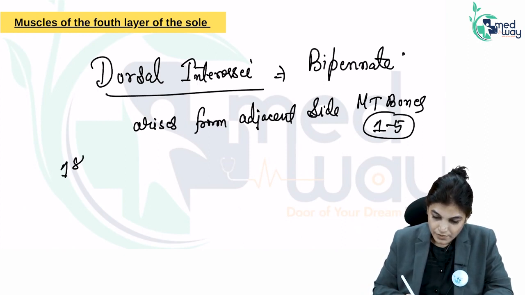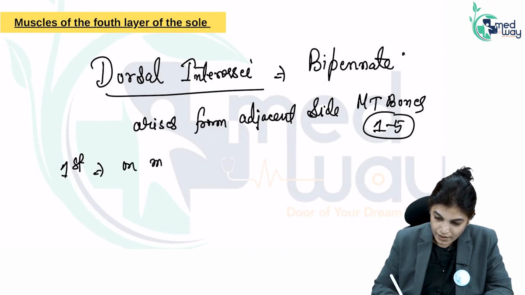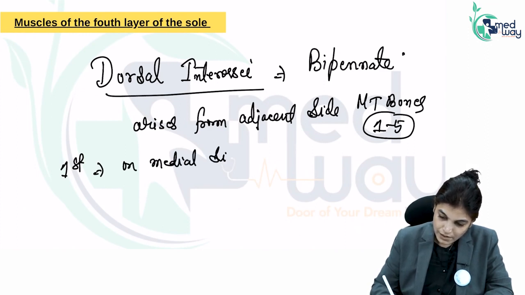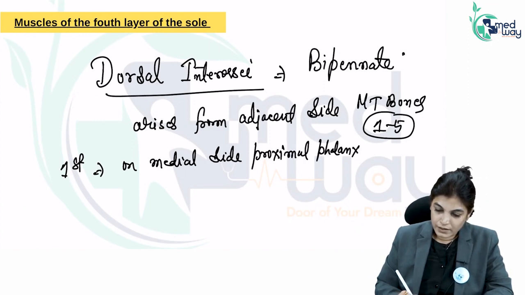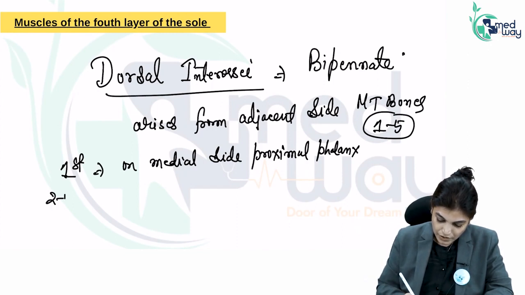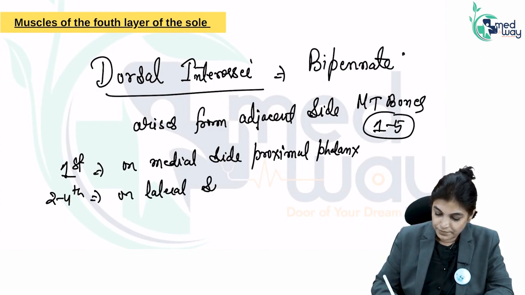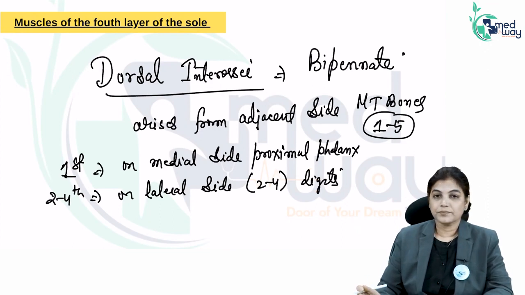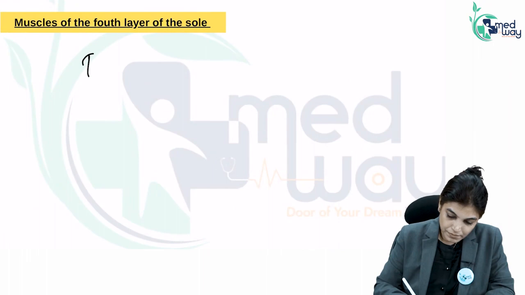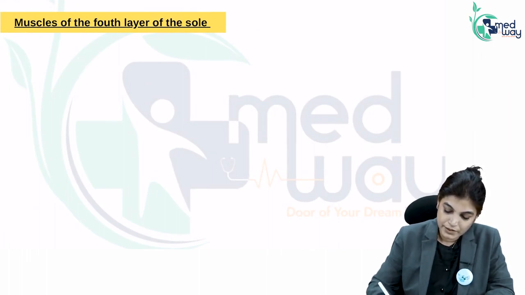The first inserts on the medial side of the proximal phalanx of the digit, and the second to fourth insert on the lateral side of digits 2 to 4. Now if we talk about the plantar interossei, please write down about the plantar interossei.